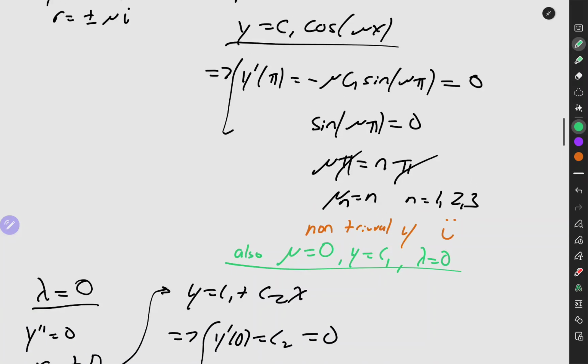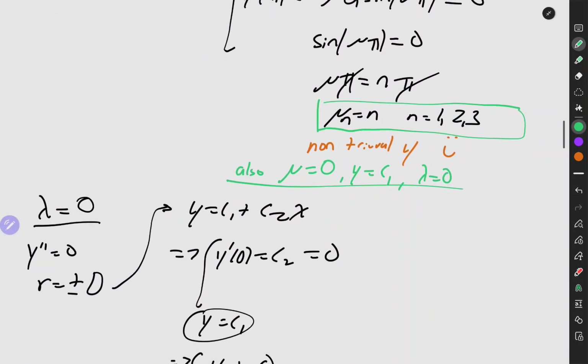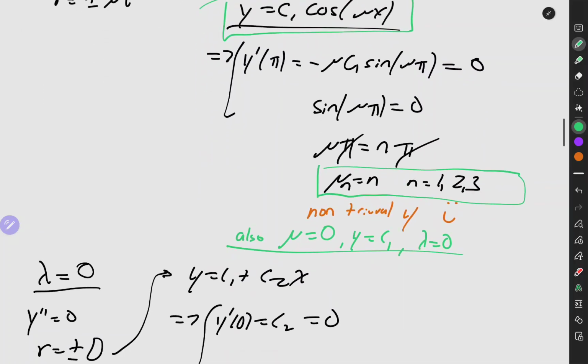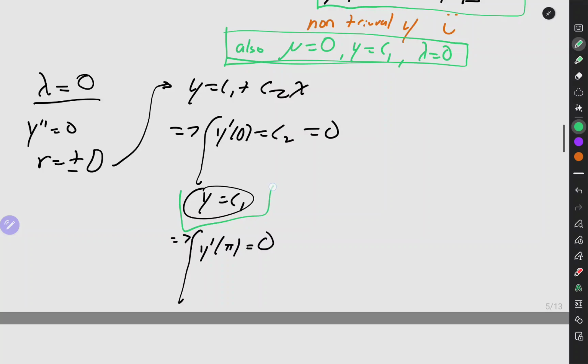So we have a few things going on here. So we have this one with this, and we have this one and this one, right? This just confirmed it.